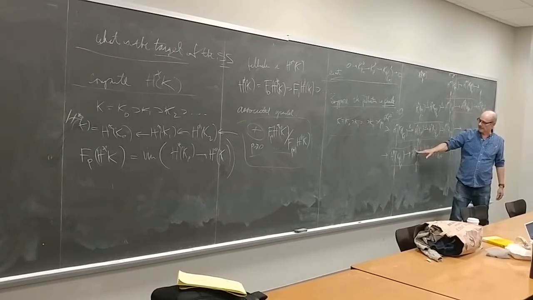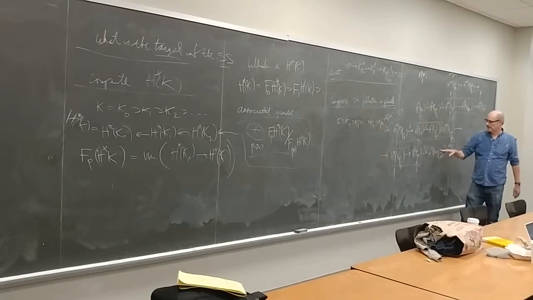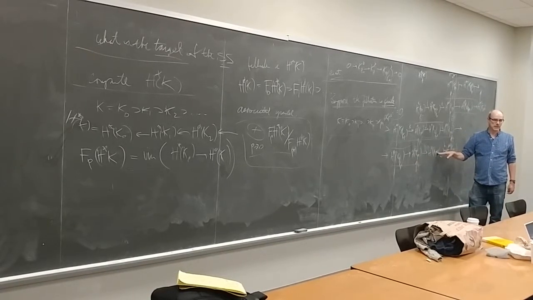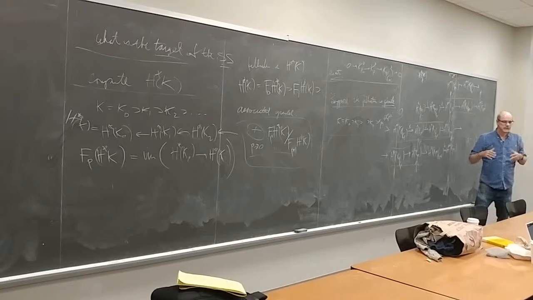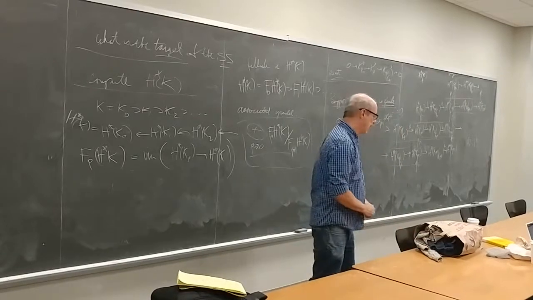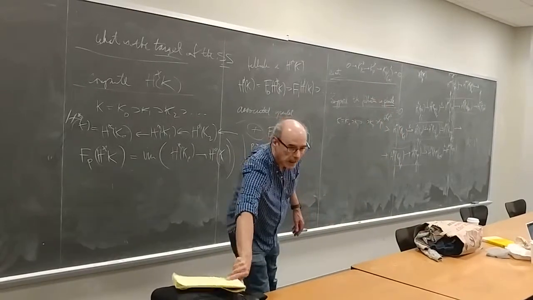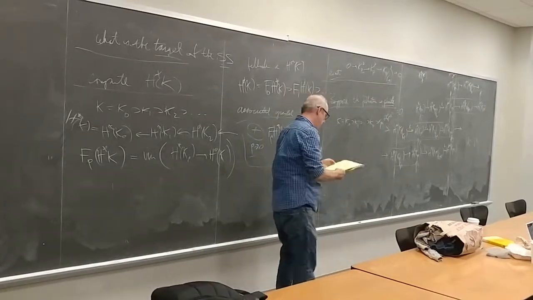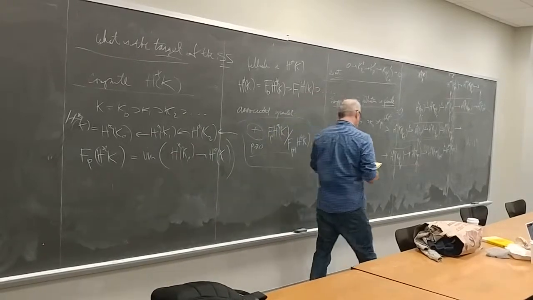If it's non-zero, it's going to come back somewhere in the tower. So then if I just map that over here, that'll give me a permanent cycle. So basically, you get a one-to-one correspondence between the elements in the cohomology of K and the so-called permanent cycles. This is all assuming that the filtration is finite.